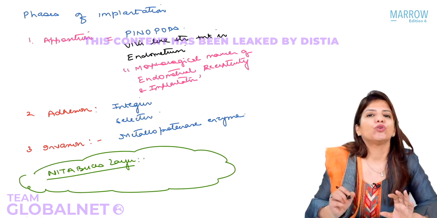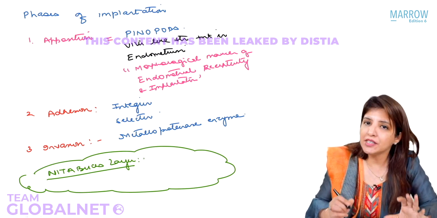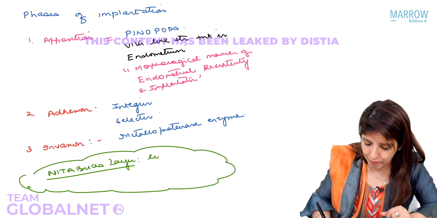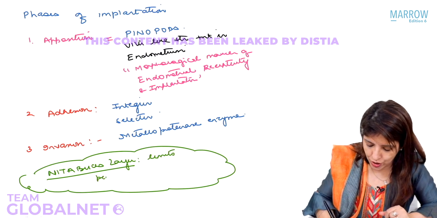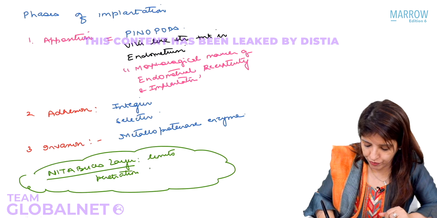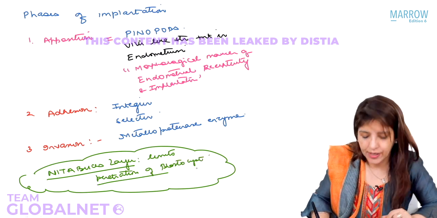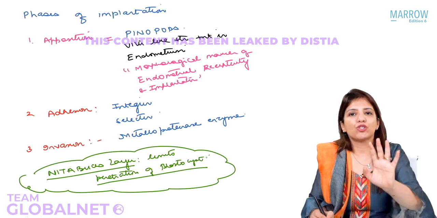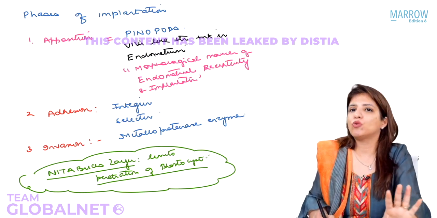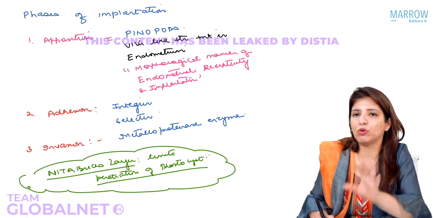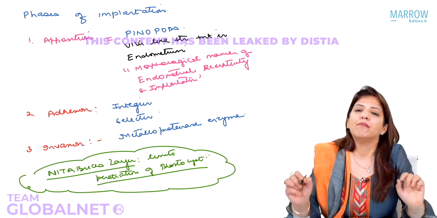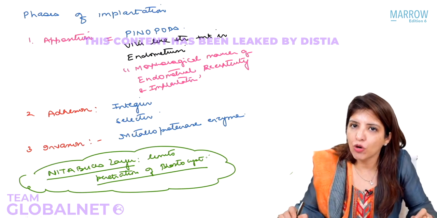As of now, you just have to remember that there is a Nitabuch's layer which limits the penetration of the blastocyst. It is going to tell the blastocyst that please stop. This is till where you have to invade. You don't have to go below that because below that is the myometrium. Clear to all of you?